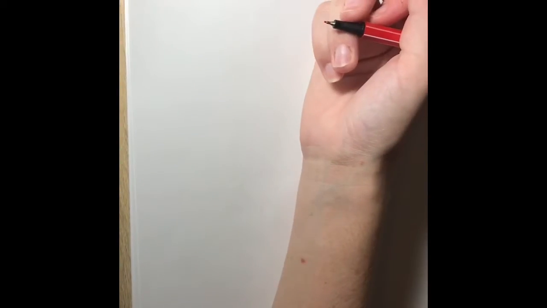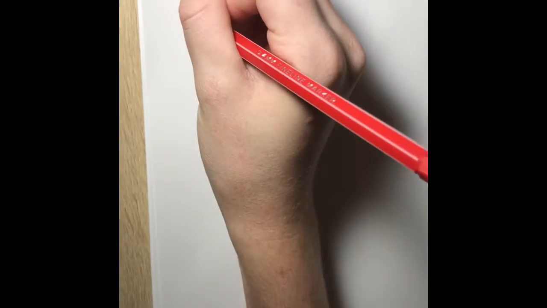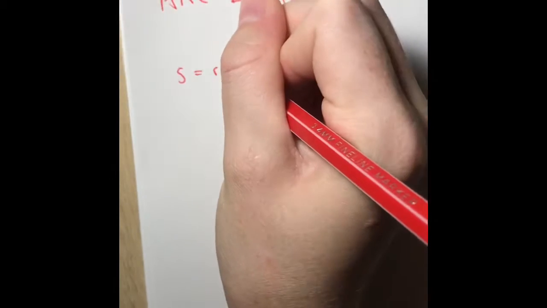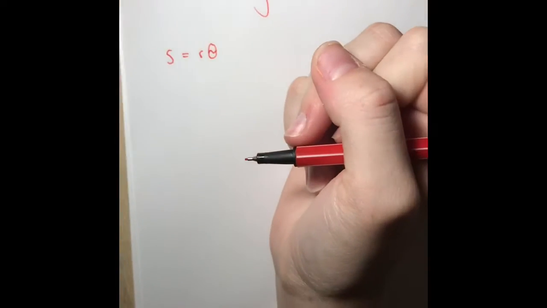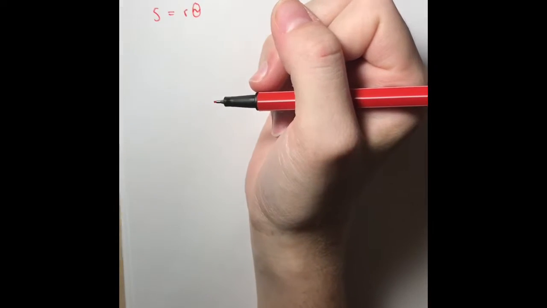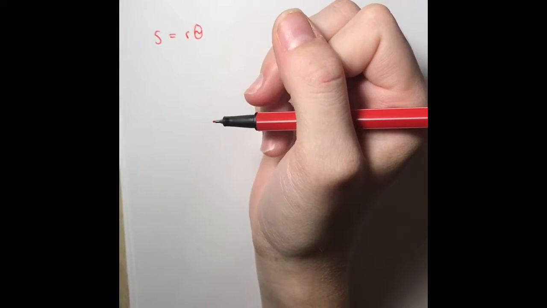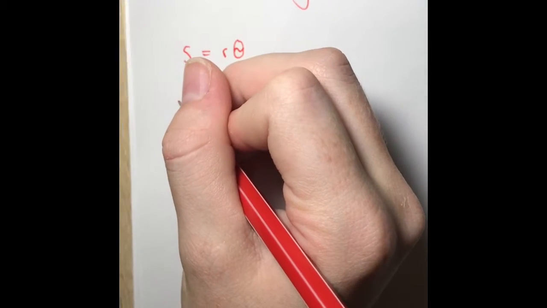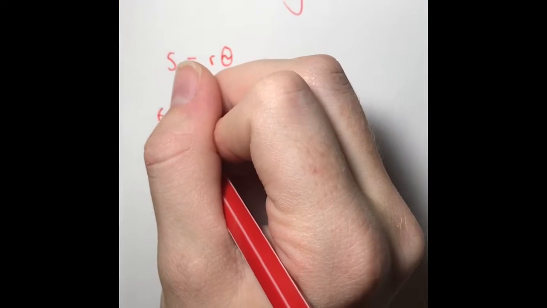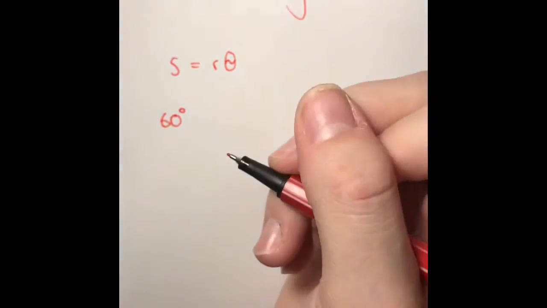To find the arc length, I'm going to use the formula S equals r theta. Theta has to be in radians, and since I haven't converted it yet, I'm going to do that now. The angle of my arc length is 60 degrees.